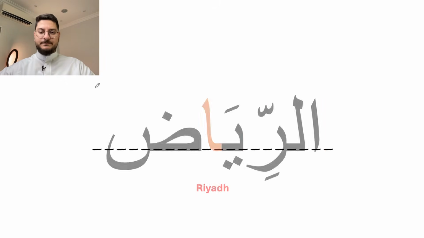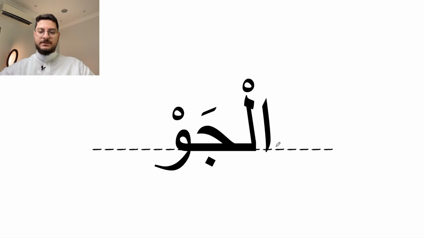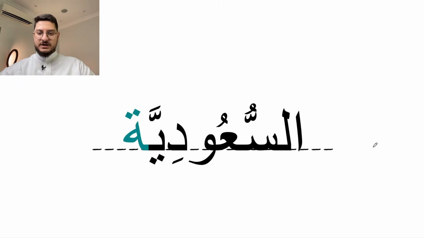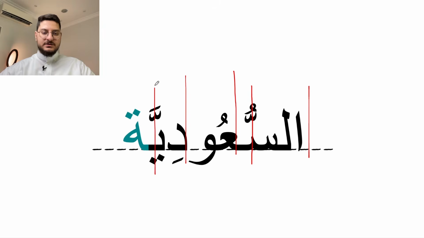Riyadh. Let's look at this one. I don't have a shadda here, so it's just a regular letter, and it will be il-jaw, which means the weather. Il-jaw. Let's look at this one. Notice that I have a shadda in here, which means this is a sun letter, so the second syllable starts right in the middle. And then I have a syllable starting here and there, and again right in the middle of the shadda here.